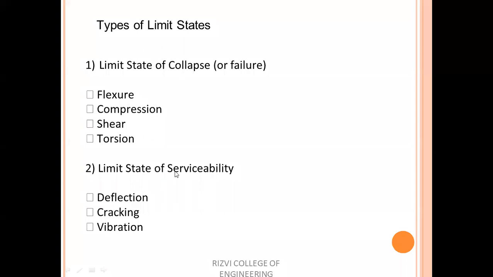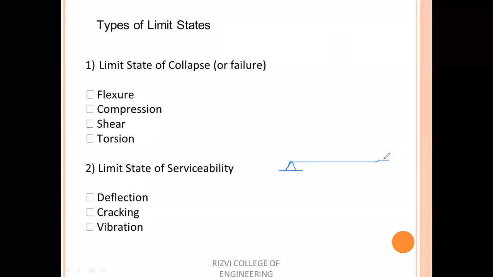So what is serviceability? The structure will become unserviceable. That means, suppose I have a beam, and it will deflect in due course of time due to the loading, and again it will deflect.